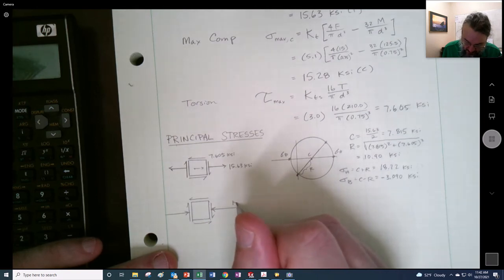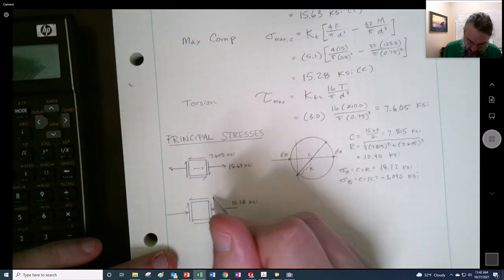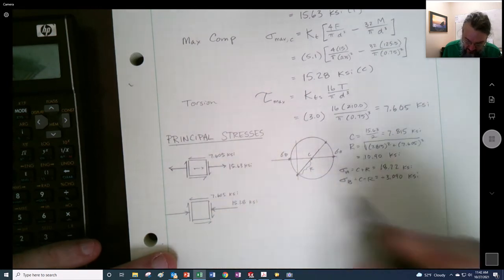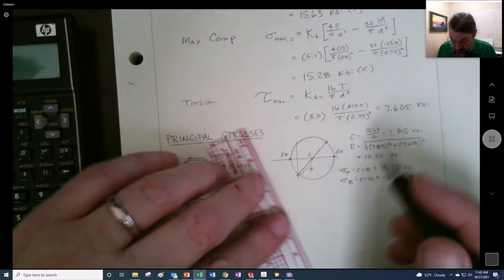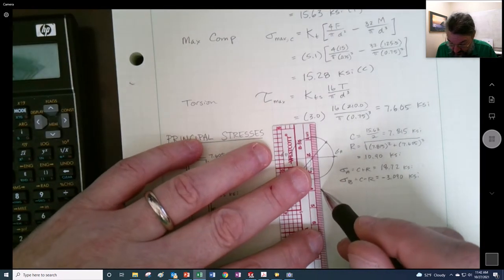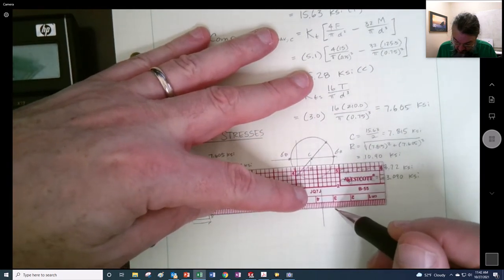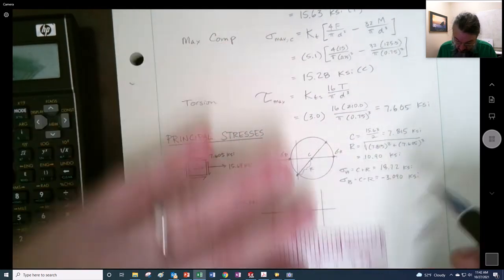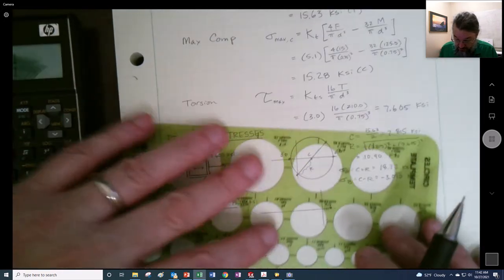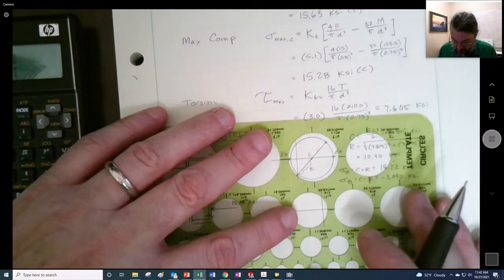All right, so this one's going to be 15.28 KSI, and this will still be 7.605 KSI. So doing a very similar, yet slightly different thing here. Maybe I'm going to cheat and use the same size.